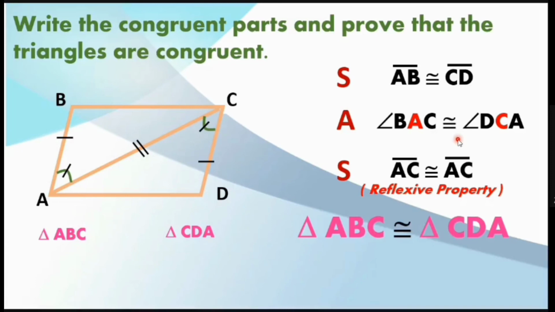By what postulate? By SAS Congruence Postulate. And by the way, this part here is what we call reflexive property because this side AC is congruent to itself, or this part here is a shared side. So it is reflexive property.